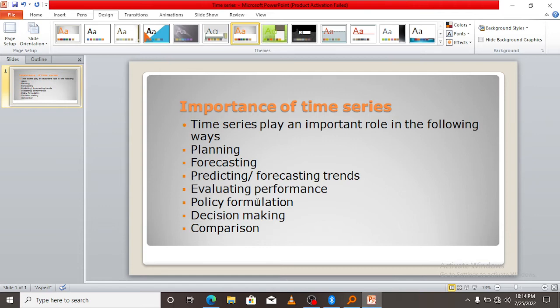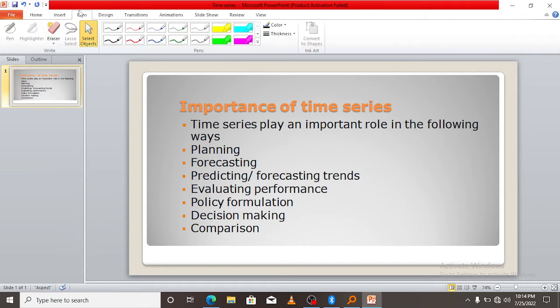So let's go to the importance of time series. Time series play an important role in the following ways. The first one is planning. How can time series help us in planning? Remember you have collected the data, and this data is for 2021, this data is for 2022. You have arranged it in that way, so you can plan for the future.